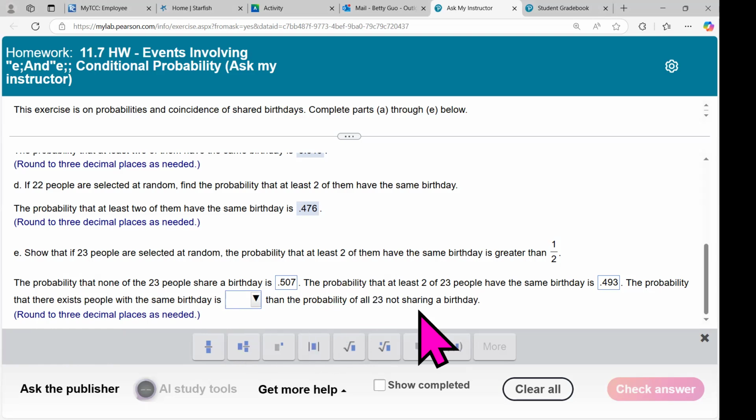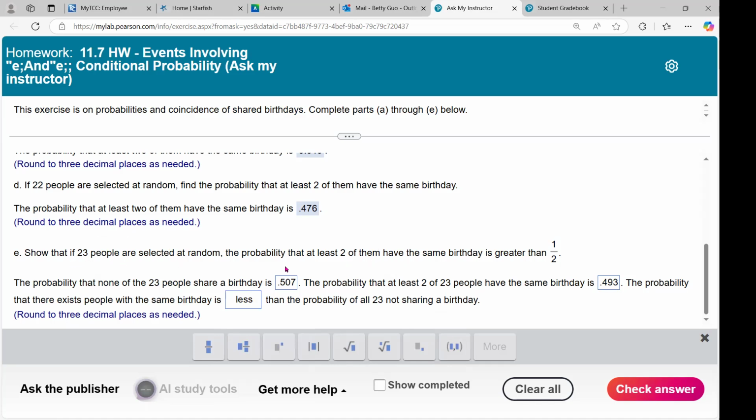then the probability of not sharing a birthday. Okay, let me sort it out.